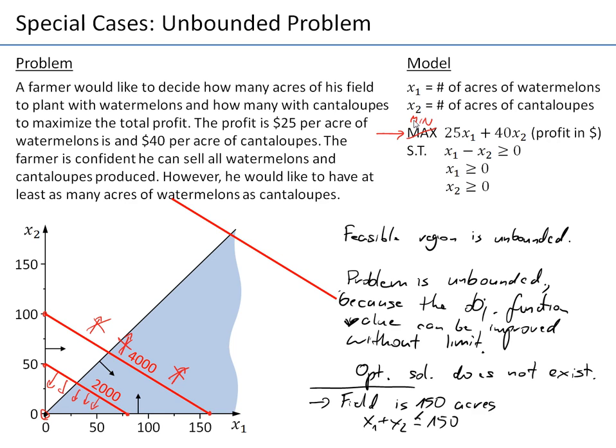Well, if the objective function improves in the direction of this corner point, then yes, it will be an optimal solution. But if it happens to improve in the direction in which there is no bound, then the optimal solution does not exist and the problem is unbounded. So the thing to remember, when you have an unbounded feasible region, don't use the corner point method, use the level curve method. That's all about the last third case, the special case of an unbounded problem in linear programming.